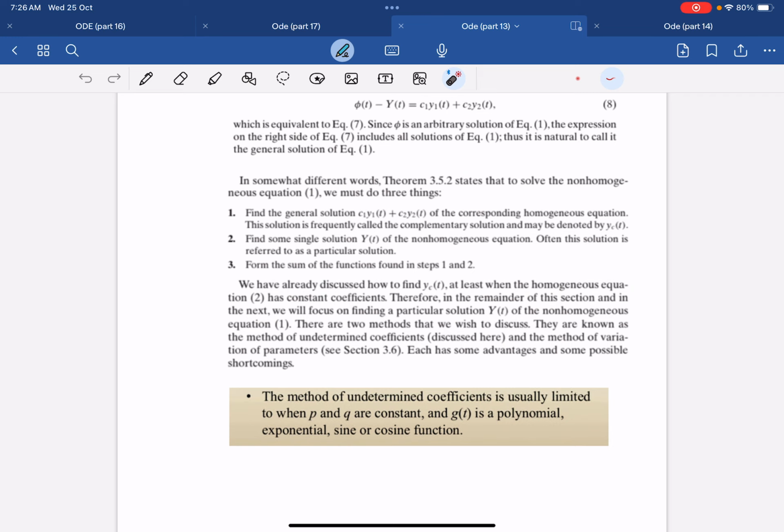The method will be the method of undetermined coefficients, and next time we will talk about the method of variation of parameters. The method of undetermined coefficients is usually limited to nice functions such as polynomials, trigonometric, and exponential functions.